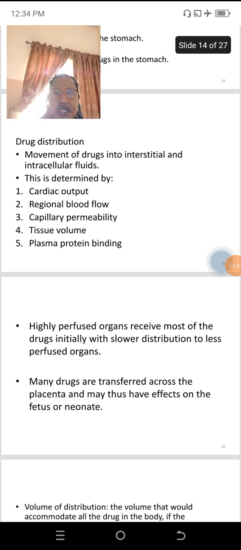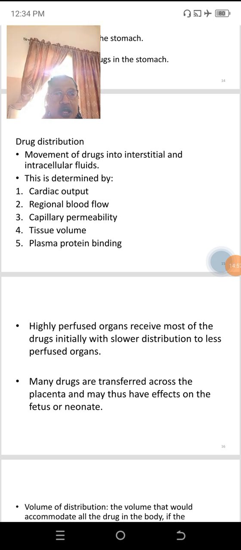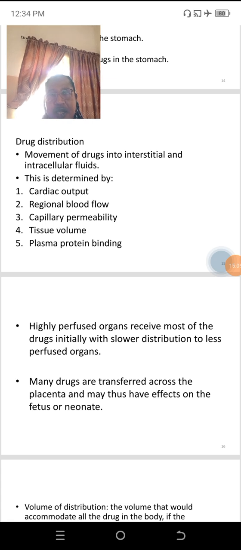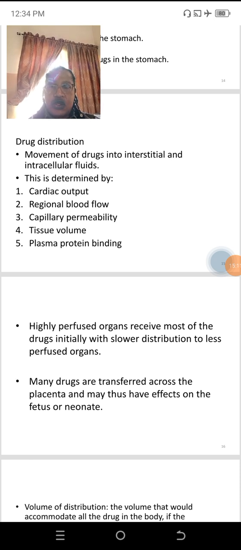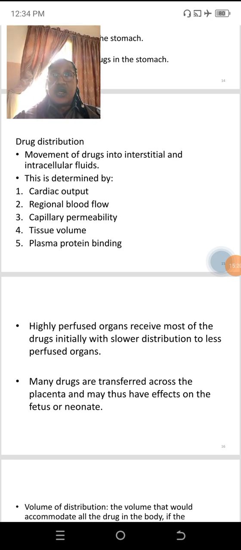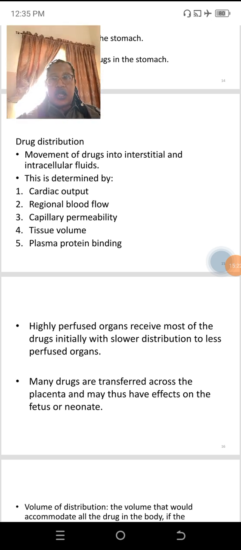The organs that receive most of the cardiac output, like the brain, the heart, the liver, and the kidneys, will first be exposed to a large concentration of the drug. But gradually, the drug will start getting distributed to less perfused organs until eventually there is equilibrium.